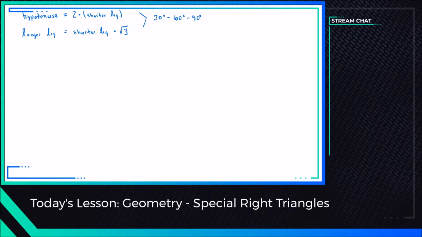All right, and we're going to find the value of x and y in this 30, 60, 90. Oops, we'll make that a right triangle. There we go. And so we're given that it's a 30, 60, 90, and the only side length that we're actually given is this longer leg. Just a second, let me look at my notes.